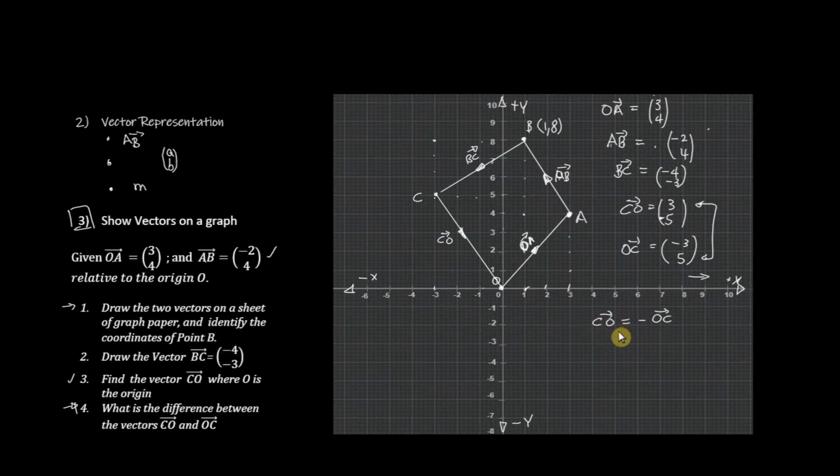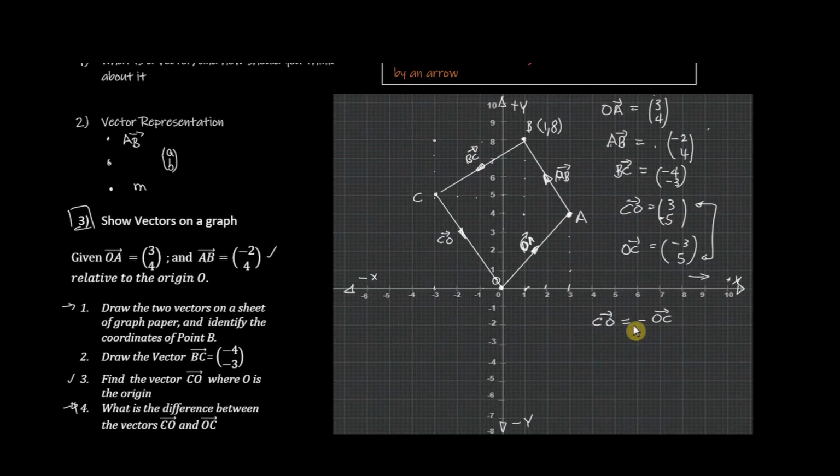It is telling us very early at the start of lesson 1 that the vectors CO and OC are related because they represent a vector with the same size or the same length, but they are going in the opposite direction. Very important to learn this quite this early in the game.